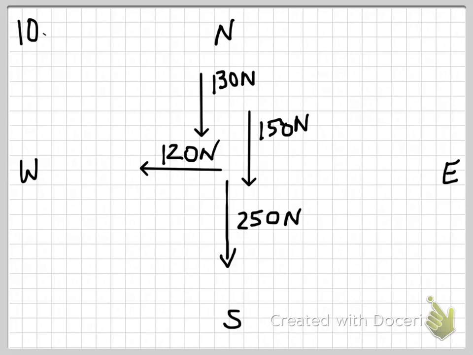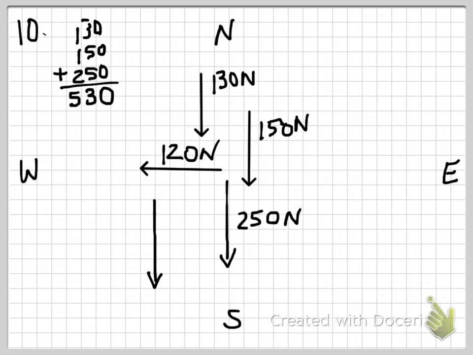So what we can do first is add all of those forces that are going in the same direction together. So that's 130 plus 150 plus 250, which should give us 530. The other force is 120 newtons towards the west. So we can't add that one directly to it.